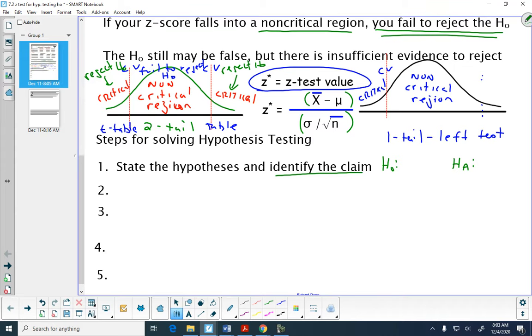So we're going to state the hypothesis and identify the claim. The main thing is to get the hypotheses right. What's the null? What's the alternate? Alternate, once again, is what we hope is true.